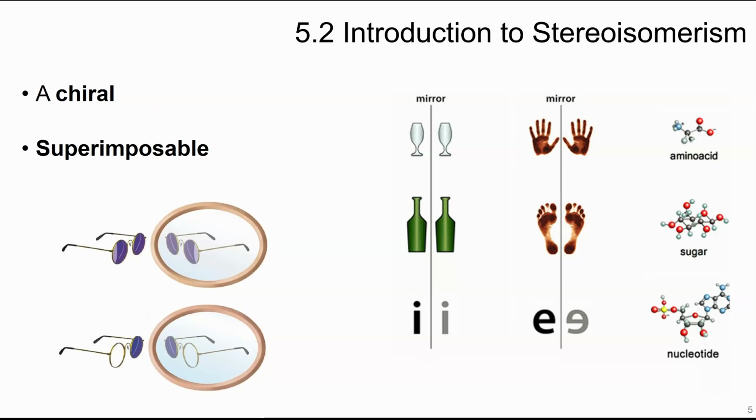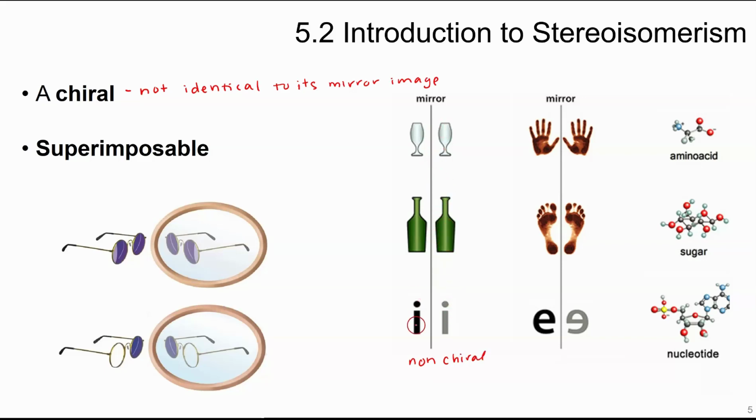So something that is chiral is an object that is not identical to its mirror image. These are non-chiral because they are identical to their mirror image.